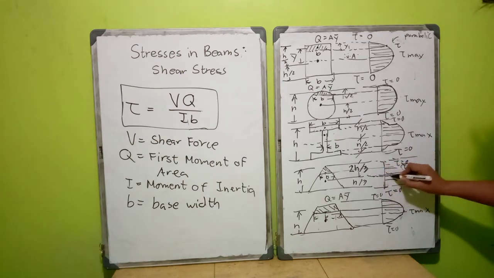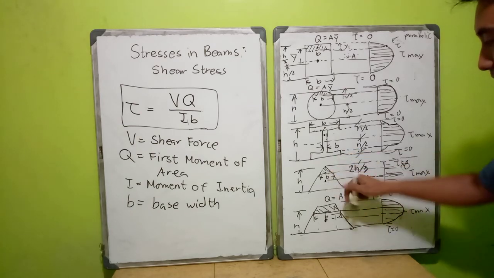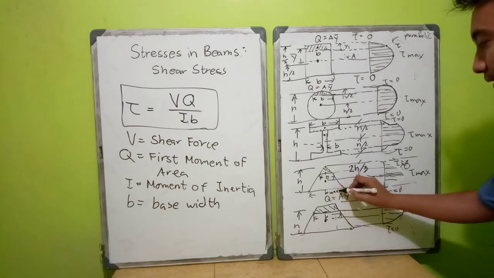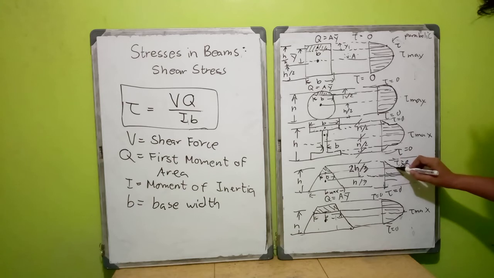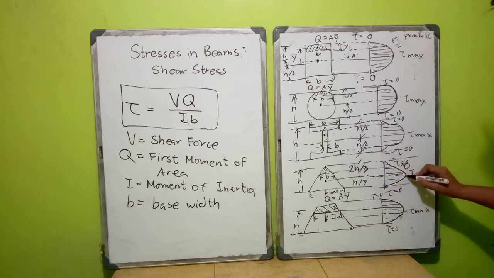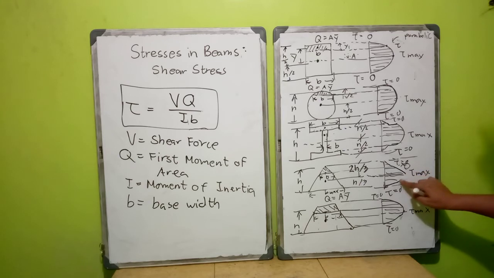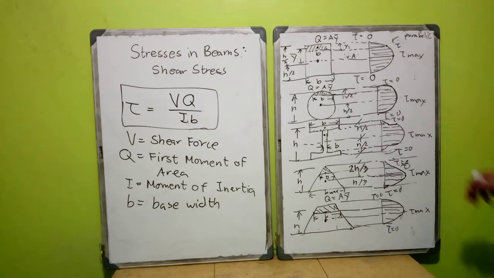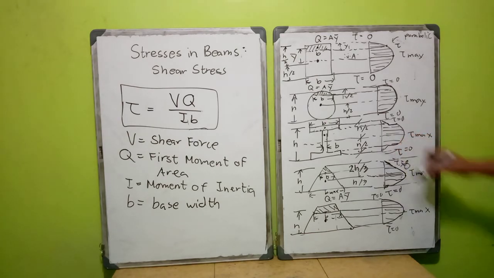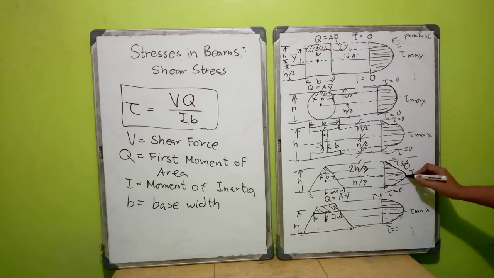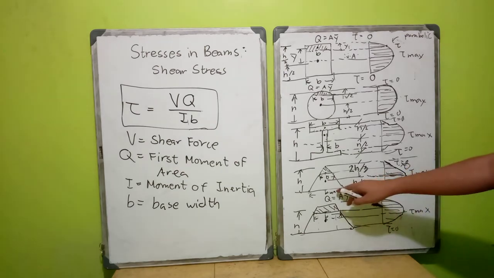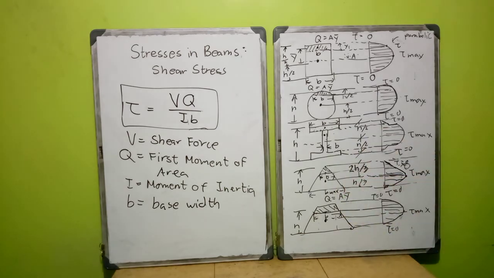Since the B is constantly increasing from the top until it reaches its biggest B, B max, the shape of your stress diagram will be very similar to a pointed nose. Your stress max is located h over 3 from the bottom. I hope you understand.